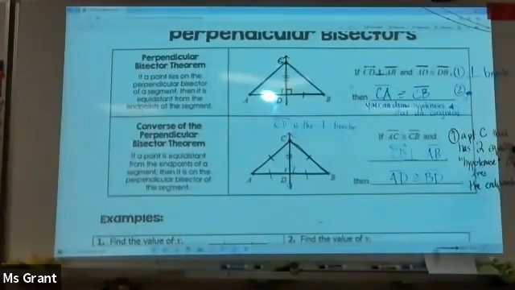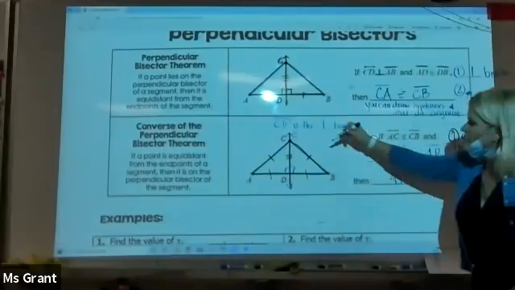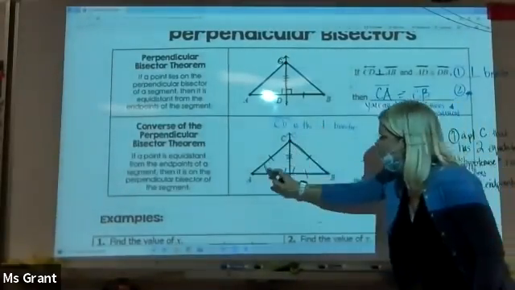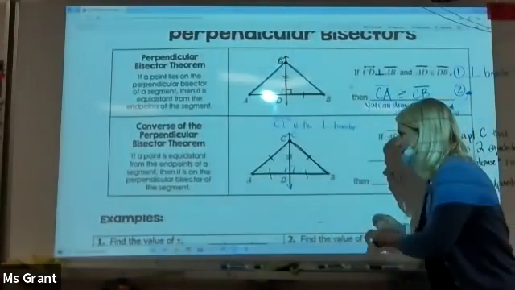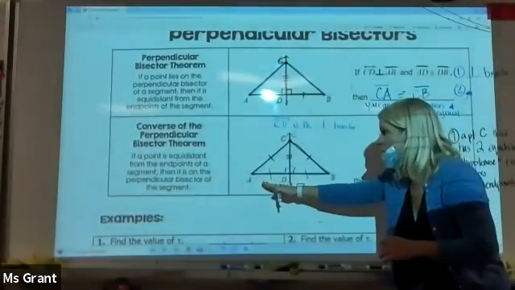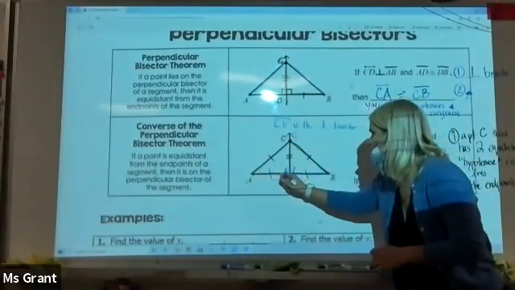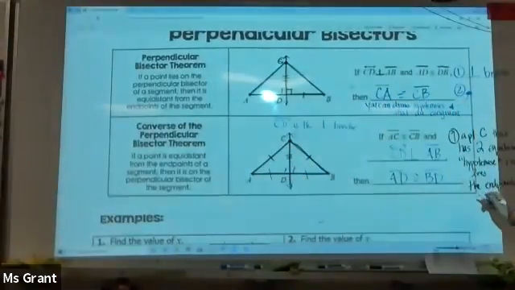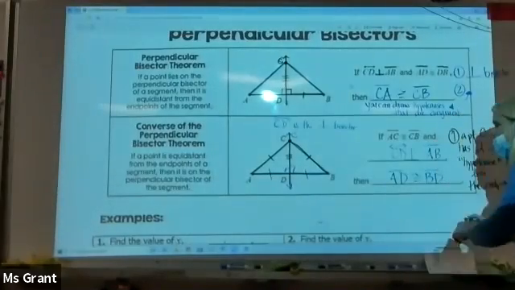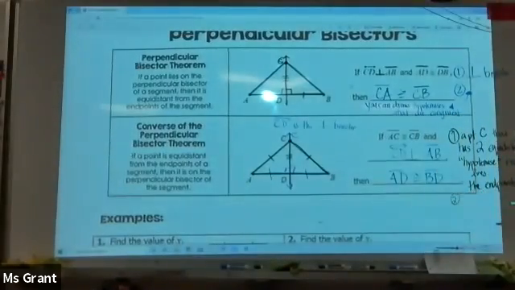I have a point C that has two equidistant lines or hypotenuses from the endpoints. Equidistant, equidistant. Then look what's made. It makes a perpendicular bisector when I draw the line. Step 2. Point C is on the perpendicular bisector.